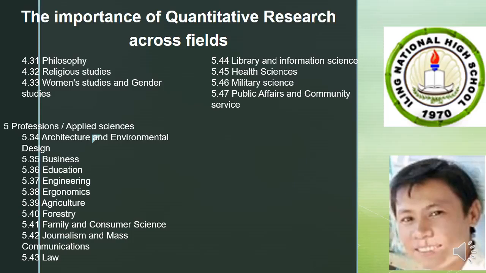No? So, at madami pang mga fields, no, na maaari hindi tayo nabanggit dyan.